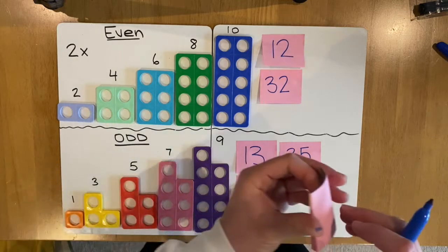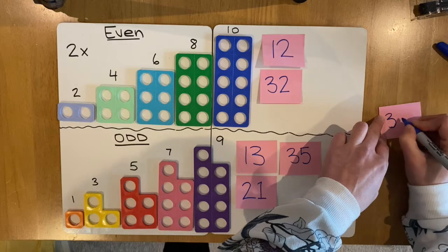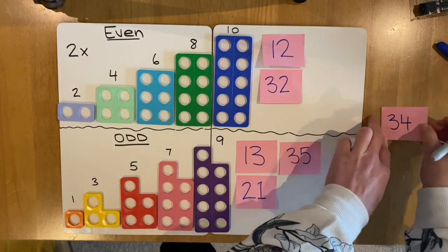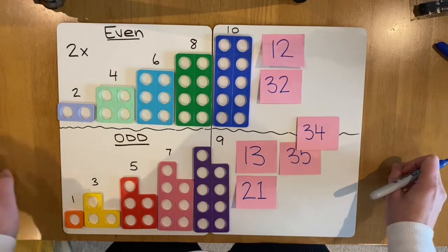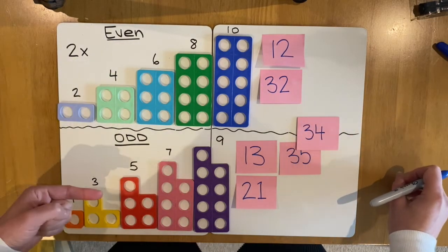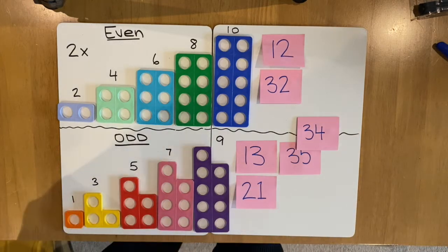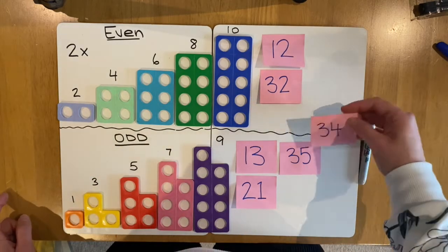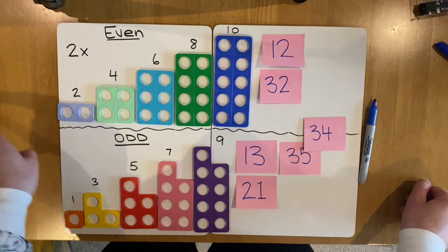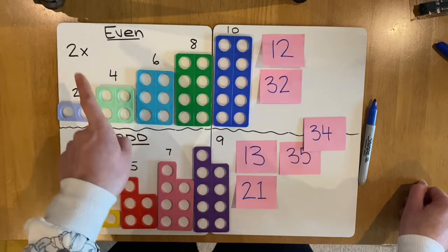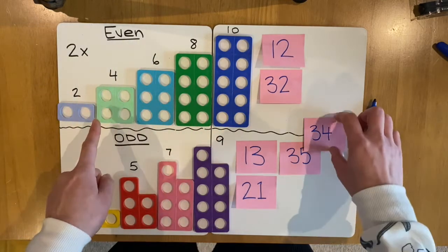Let's do another example. Let's do 34. Is 34 even or odd? Pause the video and make your prediction. Okay, let's count up from 20 again. 20, 22, 24, 26, 28, 30, 32, 34.